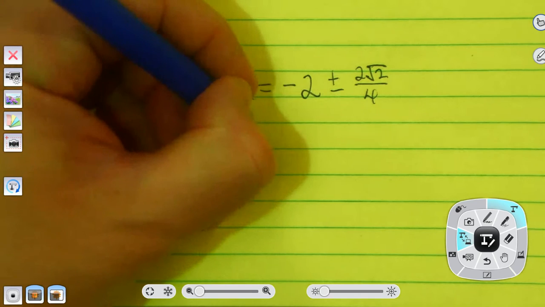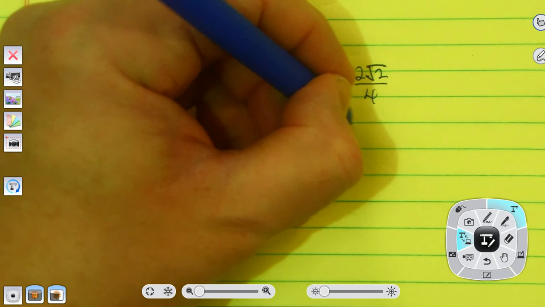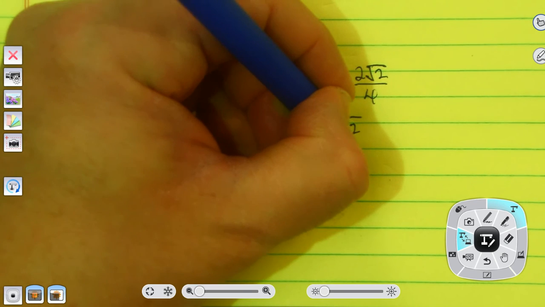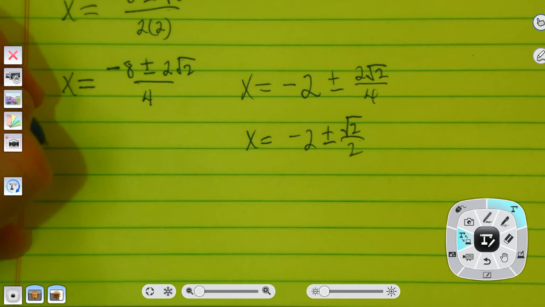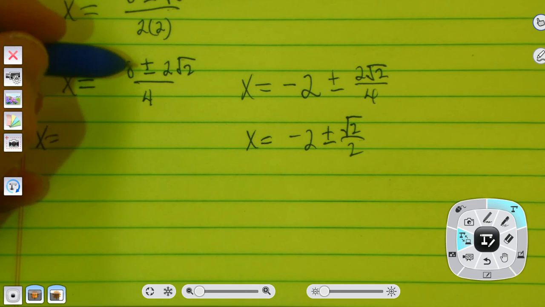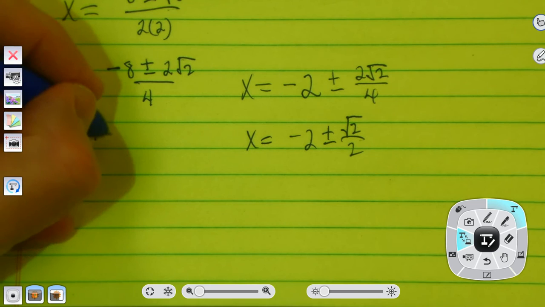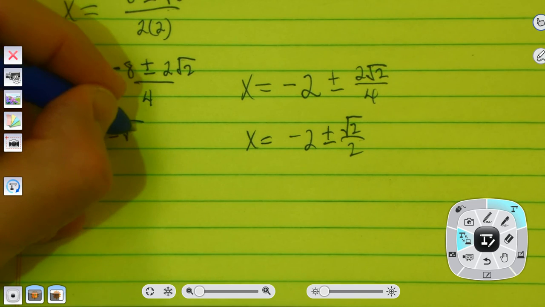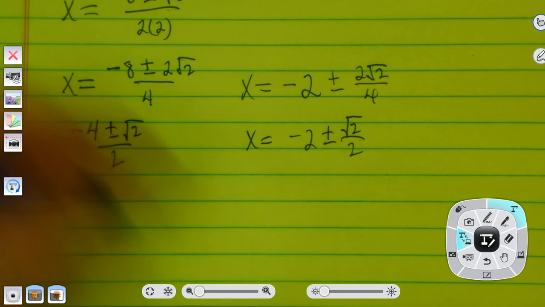So it would be x is equal to negative 2 plus or minus 1/2 or radical 2 over 2. That way it could be written that way. Also, if you were given a multiple choice answer in a test, we could have just left it and reduced it only by 2 and said negative 4 plus or minus radical 2 over 2. Those are the 2 different ways that it could have been written.